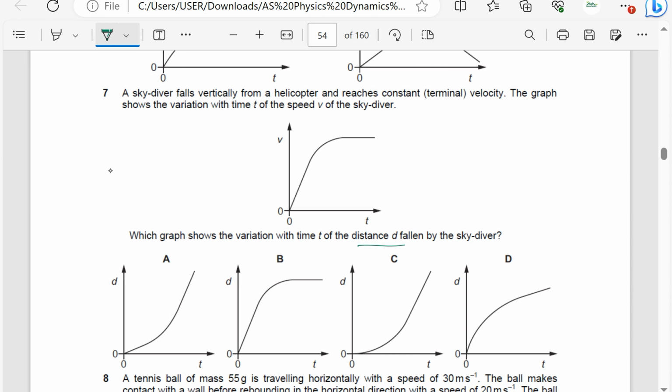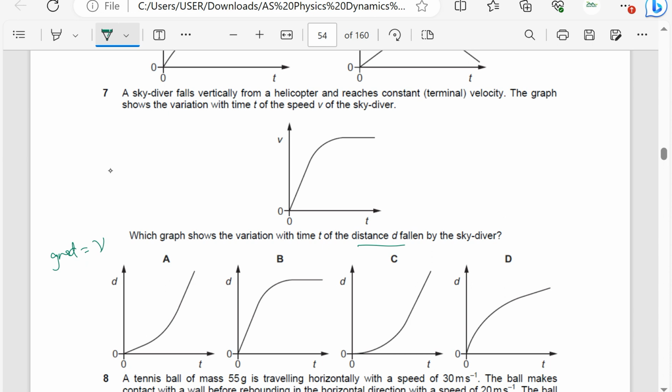So remember, velocity is the gradient of a distance-time graph. So let's inspect the gradient of these graphs to see which one gives the velocity graph.